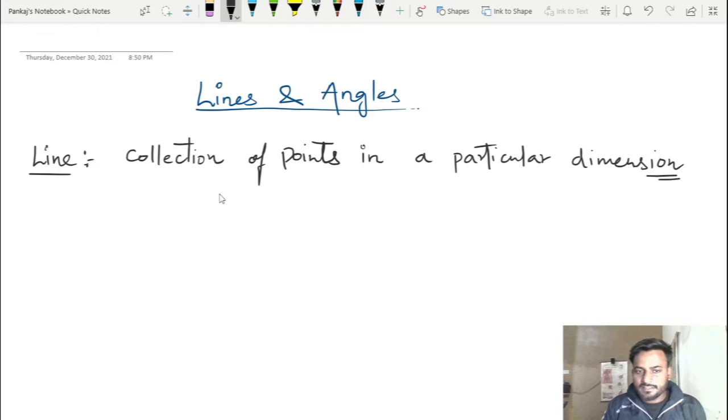So the dimension is clear. Line, for example, this is a line.